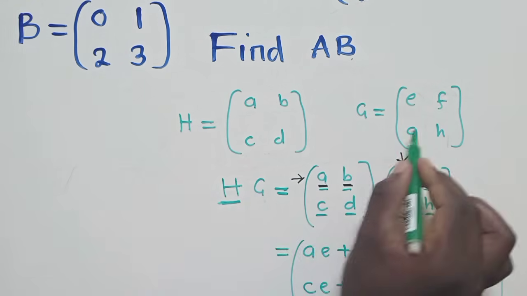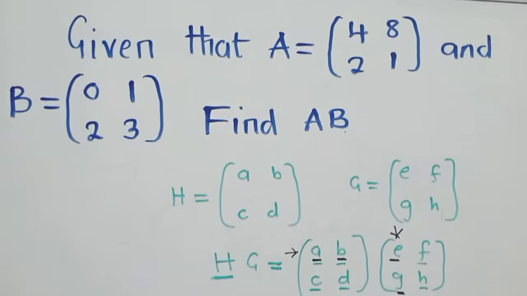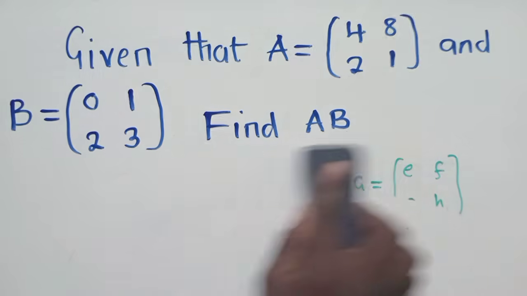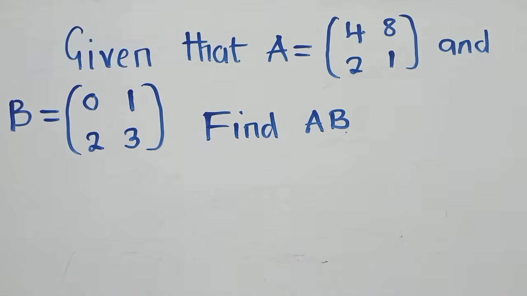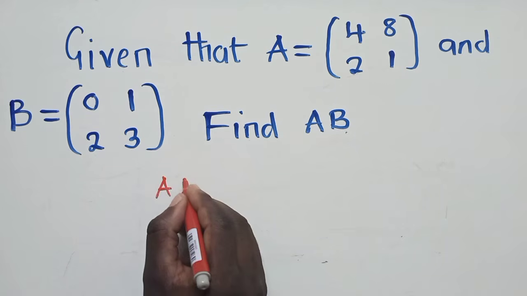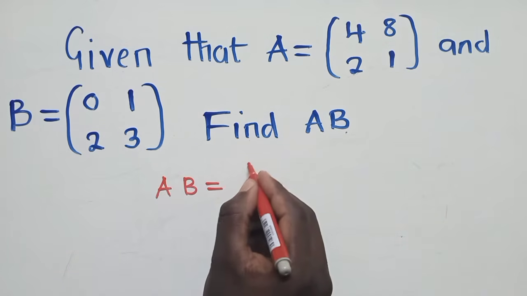Multiplying this by this. Now this same idea must be applied for us to answer the given question. In the given question, they have given us different matrices. We have AB, that we need to multiply.